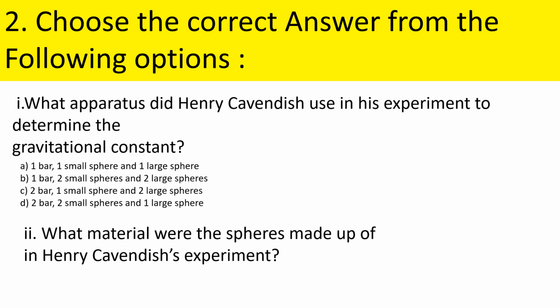So B is the correct answer because they use one bar, two small spheres and two large spheres, as we will see in the next video how this experiment is done.